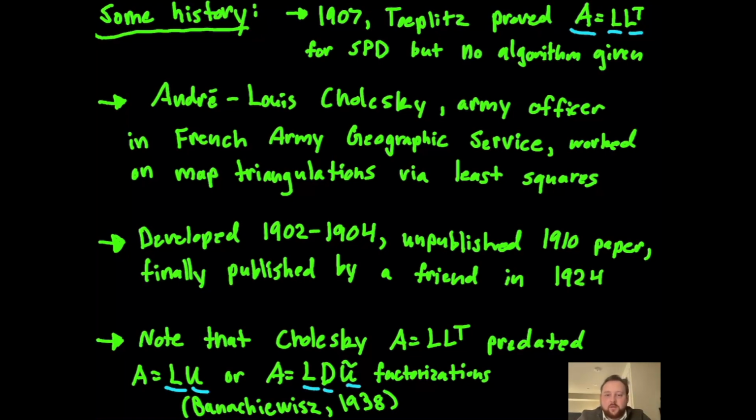So Banachiewicz explicitly pointed that out in 1938, yet Cholesky, well before that, had always been thinking of it in terms of a matrix decomposition from the start, right? So in that sense, you could say that Cholesky predates these LU or LDU factorizations that we've been talking about.